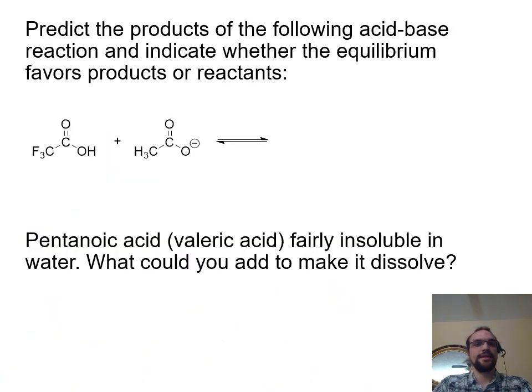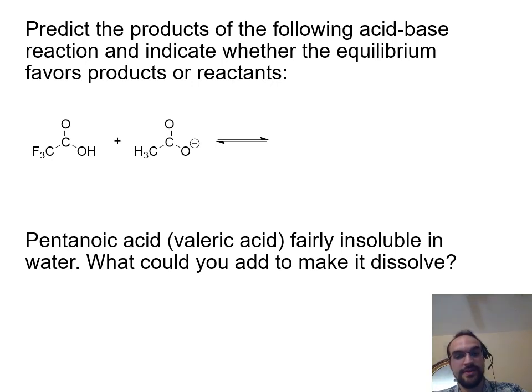Okay, so the last thing to think about are a few applications of what we know. And so at this point, you should be able to predict the products of an acid-base reaction like shown and indicate whether the reaction favors products or reactants. And you really shouldn't need a pKa table for this because you have learned the principles of acids and bases.